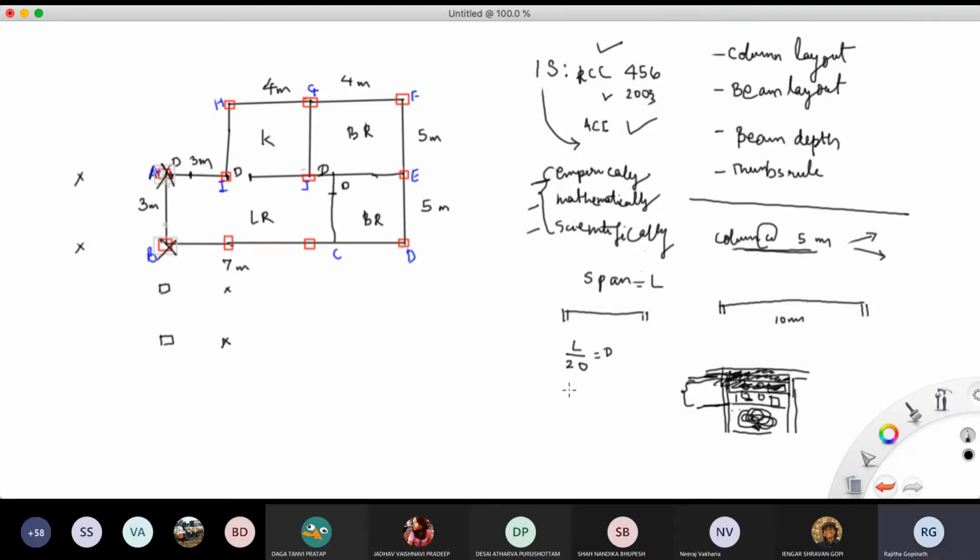Okay, so if the span is, let's consider, 6,000 mm, 6 meters का है, divided by 20, so depth becomes 300 mm.